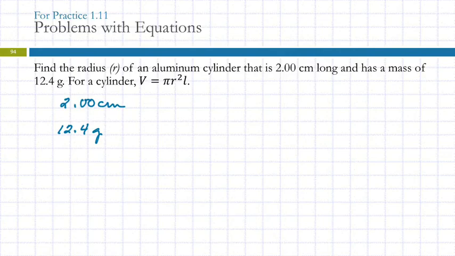Length? How long is the cylinder? 2 centimeters, right? So this is the length in the equation. We're trying to find R, right? And so we know what L is. Pi is just that button on your calculator, but we don't have the volume. Is this the volume? No. What is it? It's mass.